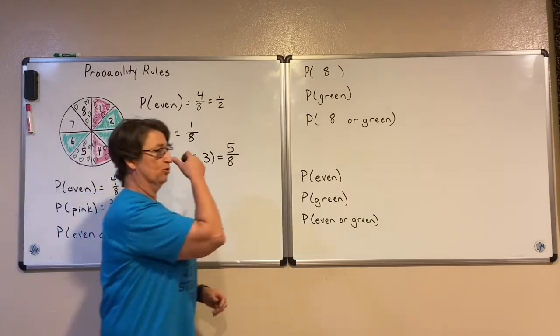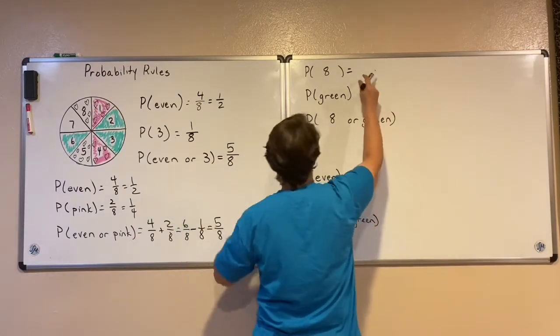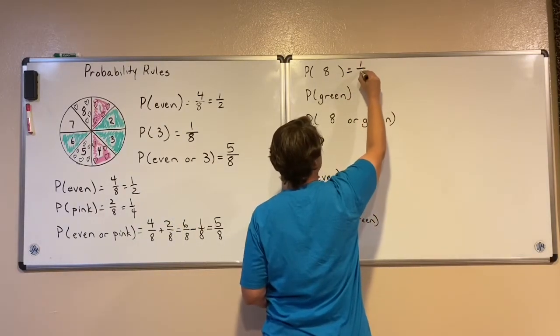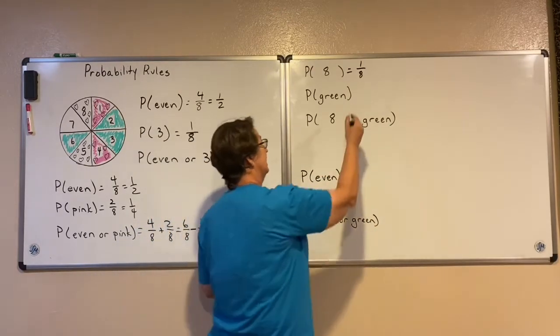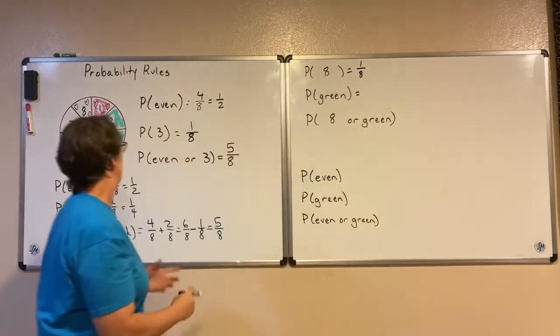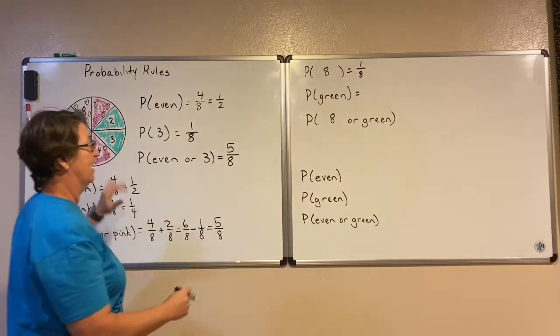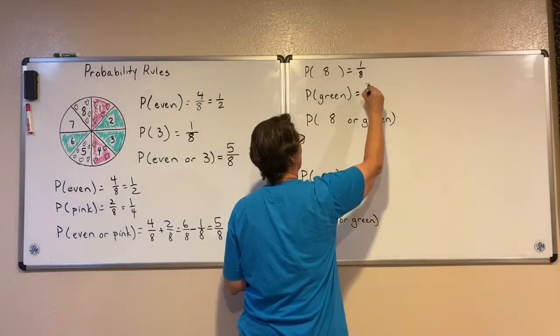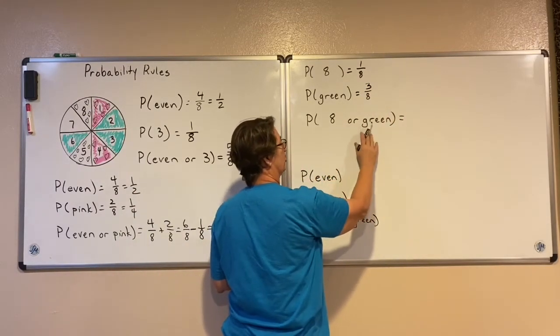Let's try some more of these. So what's the probability I get an 8? Well, there's 1 8 out of 8 pieces. What's the probability I get a green? Well, there are 1, 2, 3 greens out of the 8 pieces. What's the probability I get an 8 or a green?